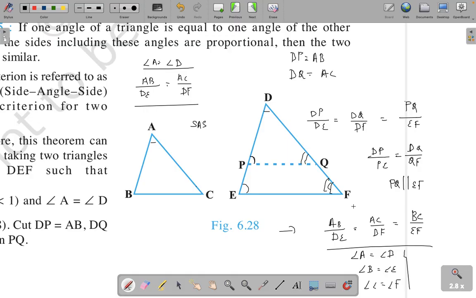And even if you have this, SAS, this is known as SAS criteria. Even if you have this, this leads to this. If you have this, this leads to this. And if you have this and this too, this will lead to all of this.